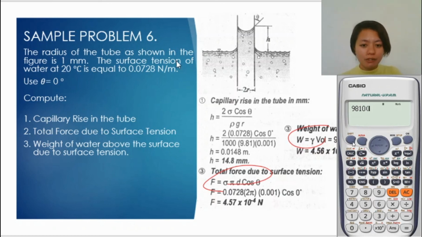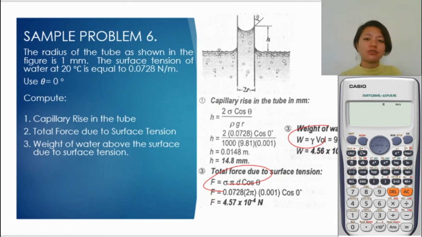So we have pi times pi r squared times h, with 0.001 squared, then times the height we got earlier, 0.0148. So we get 4.56 times 10 to the negative 4 Newton.